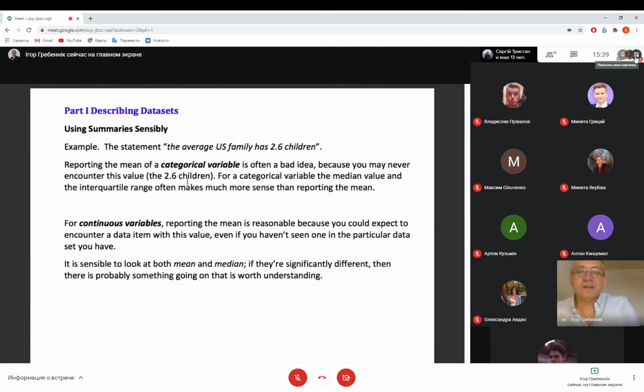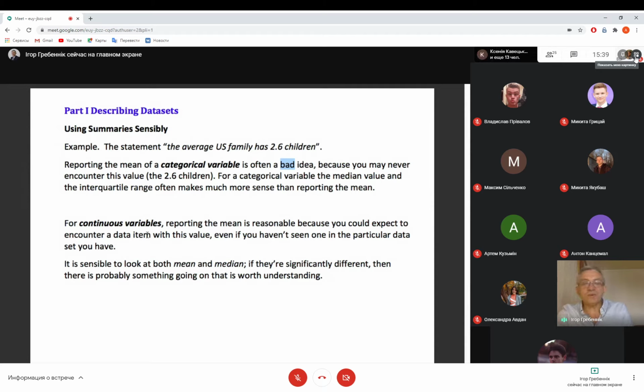The author of the textbook thinks that reporting this about a data set with families, which is categorical, is a bad idea, because you may never encounter a value of 2.6 children. For a categorical variable, the median value and the interquartile range are better for reporting, because these characteristics make more sense for the analysis of the data set than the mean.